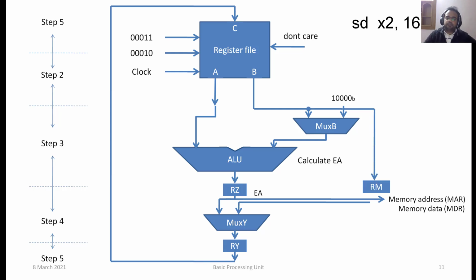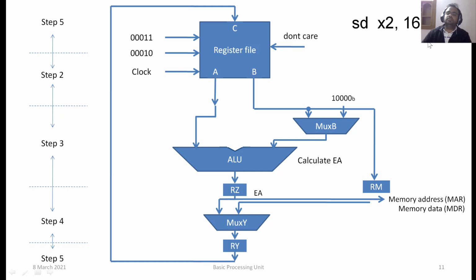So one small modification that we need to do is the value from the source register 2, which is B, was earlier discarded here, but this is what needs to be sent to the memory, because that's what the store instruction does.